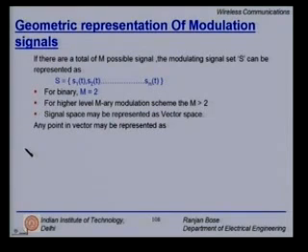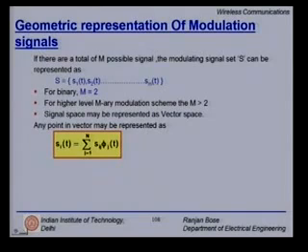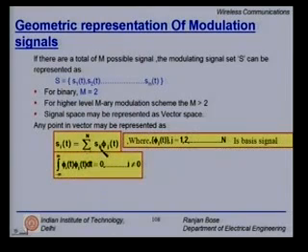What does it mean? Any point in vector space may be represented as Si as a summation, i equal to 1 through N, N is the dimensionality of the space, of Sij phi i, where phi i(t) is the basis signal, which has the property that the integration of phi i(t) phi j(t) dt from minus infinity to infinity is 0 for i not equal to j.